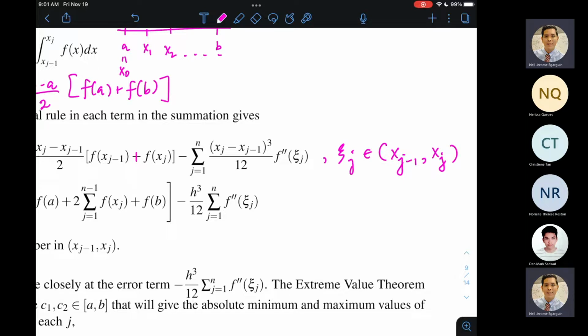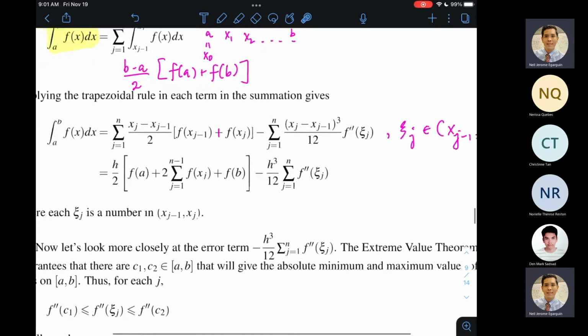So yung error, inadapt din natin para dun sa specific subinterval. So yung number c, kung saan natin ine-evaluate yung second derivative para dun sa error, ay isang number dun sa subinterval na ginamit natin. So I hope everything is clear here.